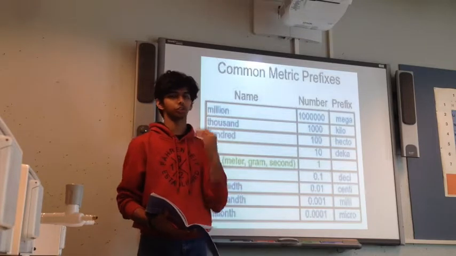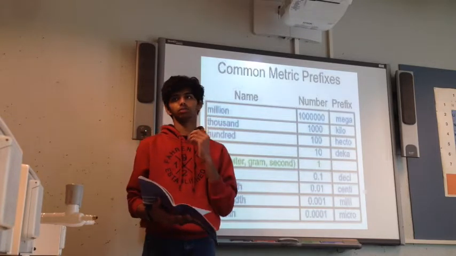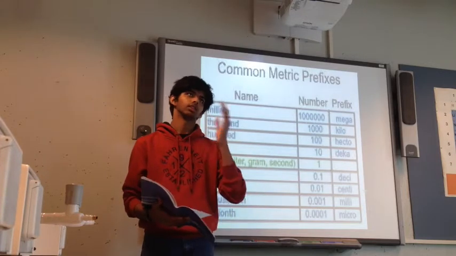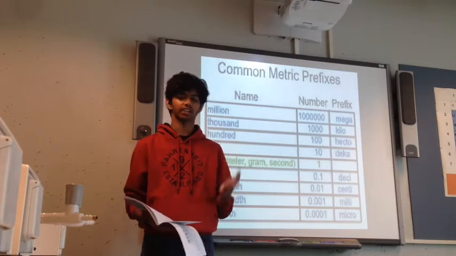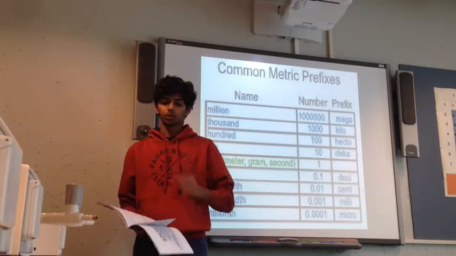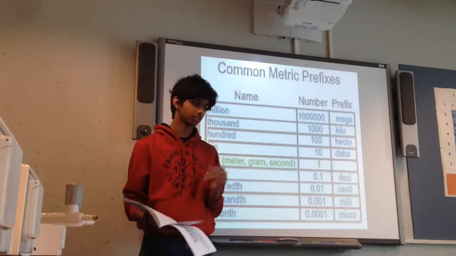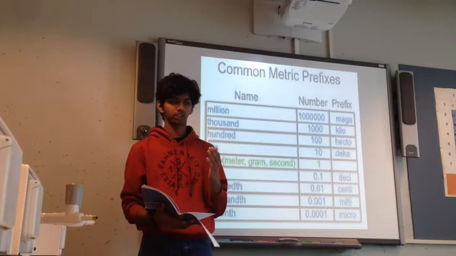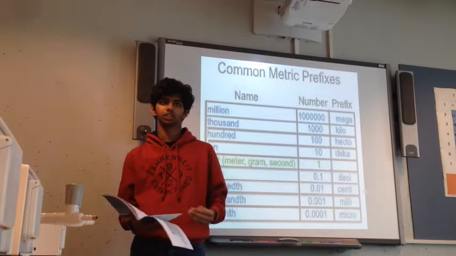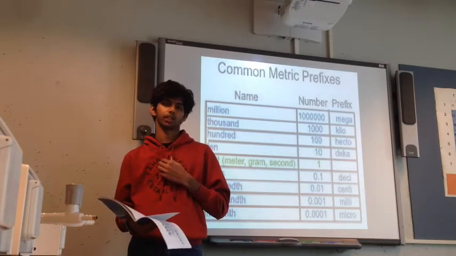This allows us to shorten most numbers to what seem to be manageable. For example, the mass of the sun is 1.989 times 10 to the power of 30, which if we put zeros, then it would take a lot of time. So these metric multipliers are used to shorten the number as well as make it easier for data manipulation.